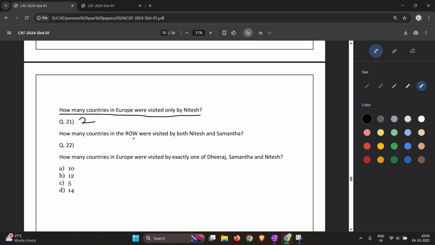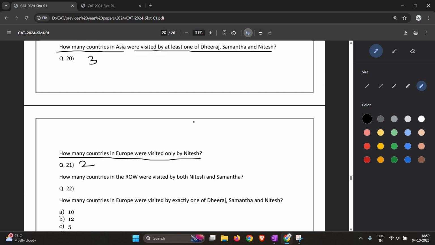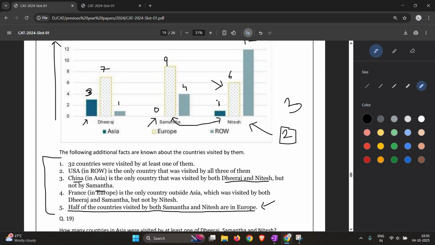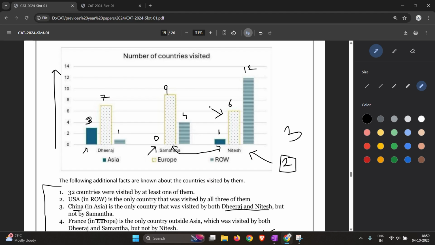How many countries in rest of the world were visited by both Nitish and Samantha? So how many countries in rest of the world were visited by both of them? Right. So we know that Nitish and Samantha visited eight countries which were mutual between them, and four of them are in Europe.